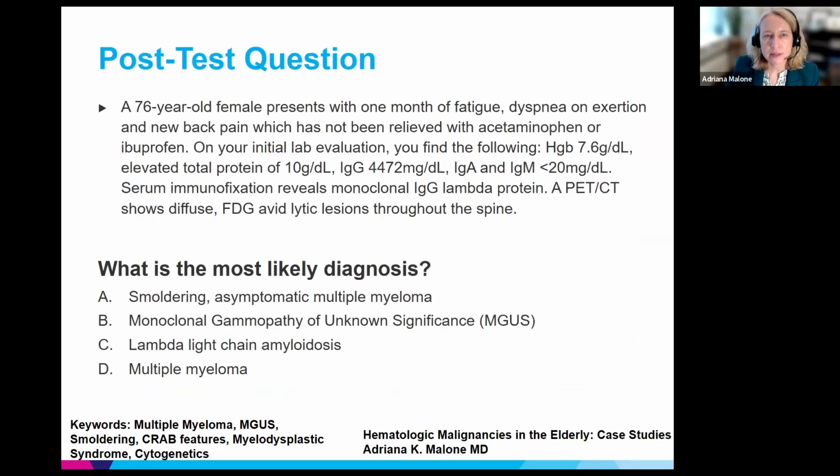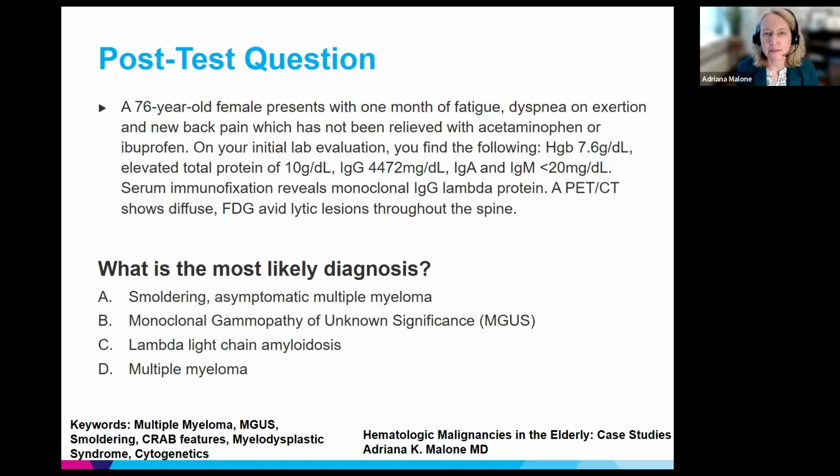And we have one post-test question. We have a 76-year-old female who presents with 1 month of fatigue, dyspnea on exertion, and new back pain, which has not been relieved with acetaminophen or ibuprofen.